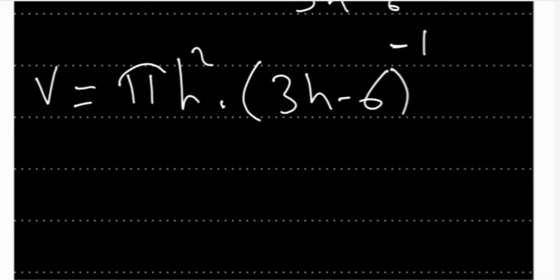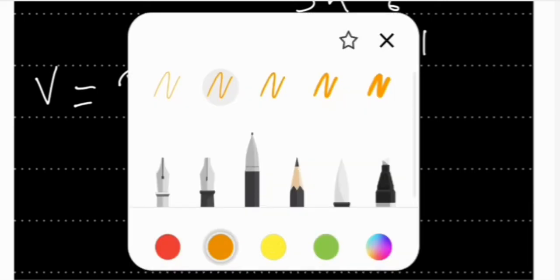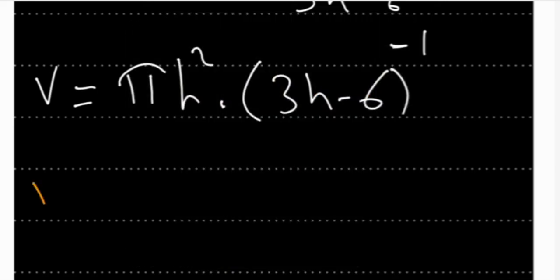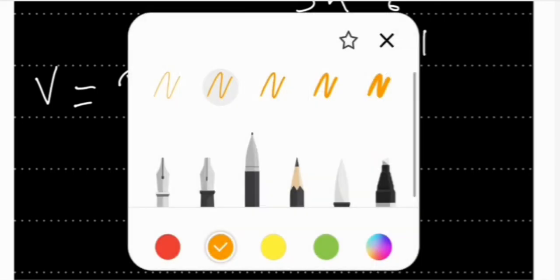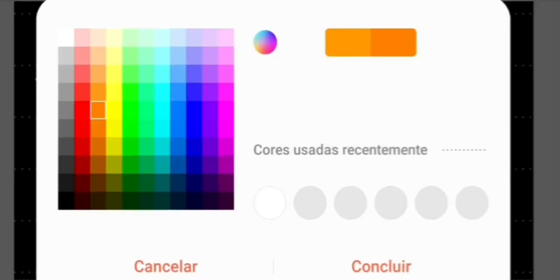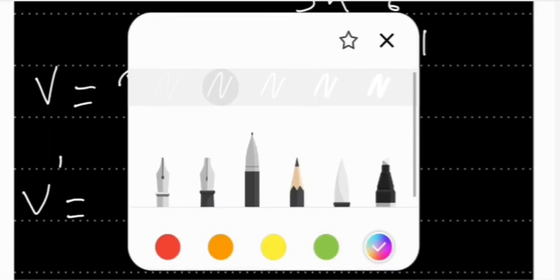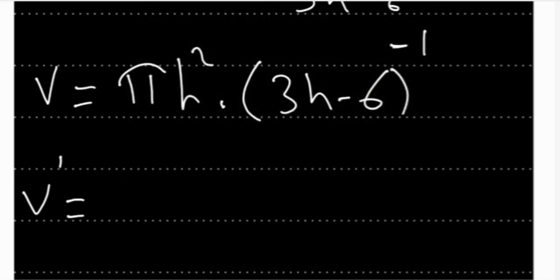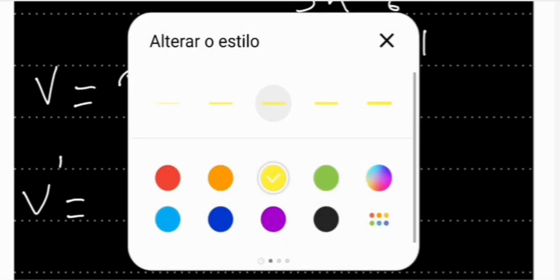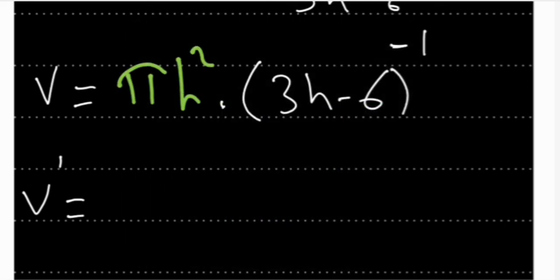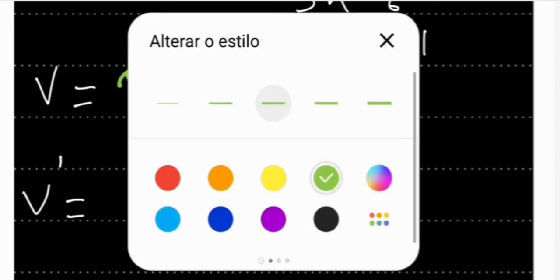let's write it with orange, so that v comma is going to be equal to, wait, let me use a lot of colors so that we can look. V comma is going to be equal to the derivative. Now this is going to be the green and this is going to be the orange, okay.